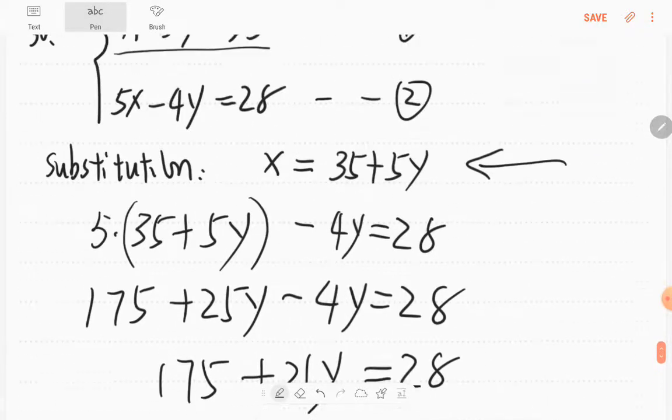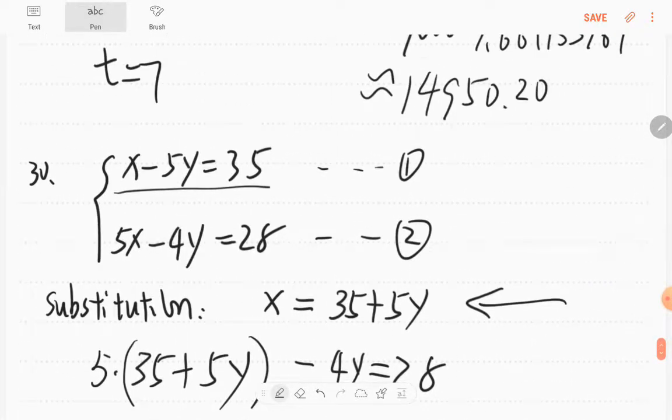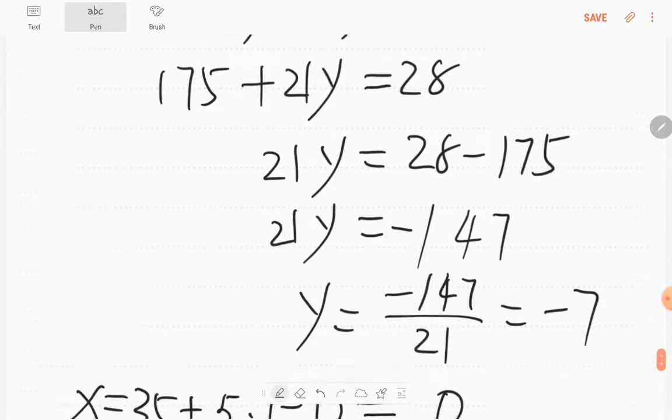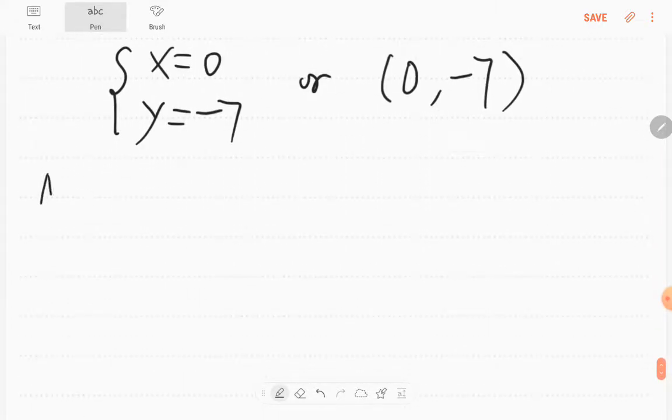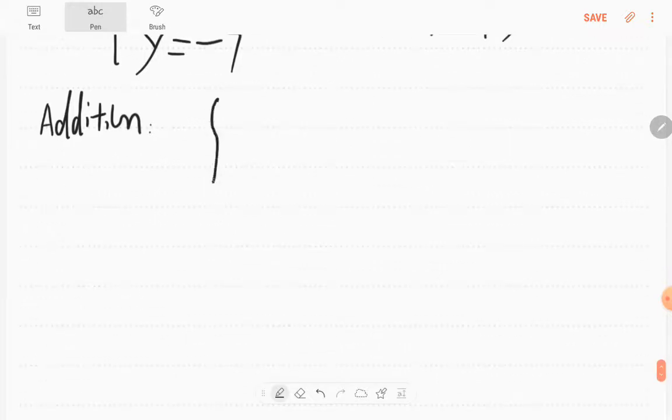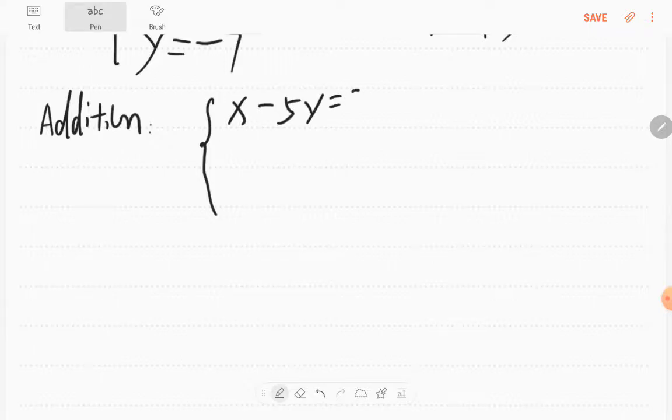So we still do the same problem, but use another method, which is called the addition method, right? We use the addition method. Let me just copy the problem again. So this would be x minus 5y equals 35, and 5x minus 4y equals 28.